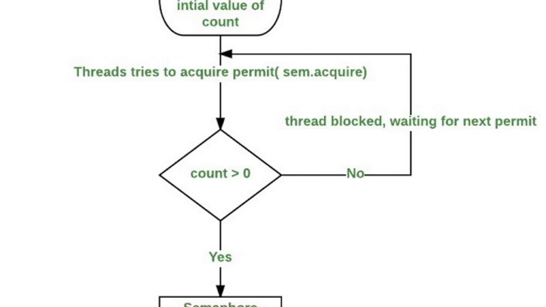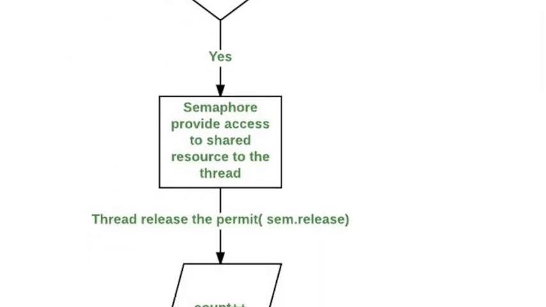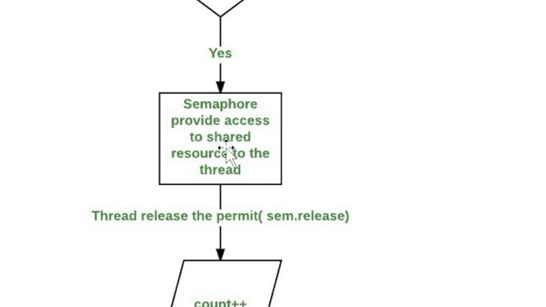If the counter is greater than 0, then the semaphore provides access to the shared resource to the thread. Then the thread will release the permit, and when the permit is released, the counter will be incremented.